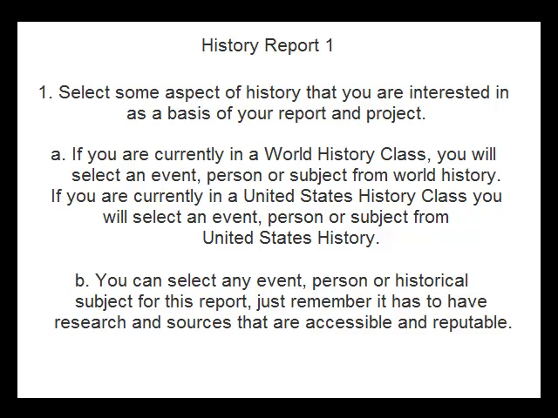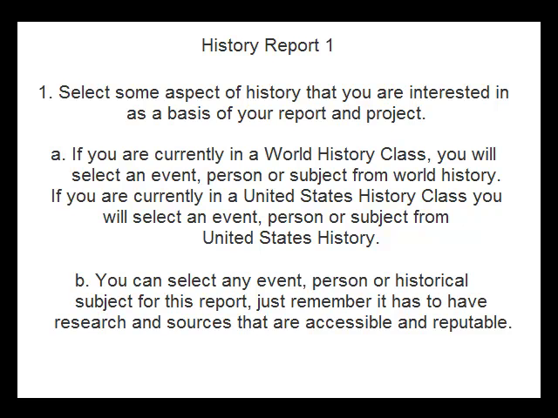But just remember, letter B here. You can select any event, person, or historical subject for this report, but just remember it has to have research and resources that are accessible and reputable. In other words, if you do a report on Amelia Earhart and how she got lost at sea, you need to have some sort of evidence, some sort of research that has been done that you can cite for your report.